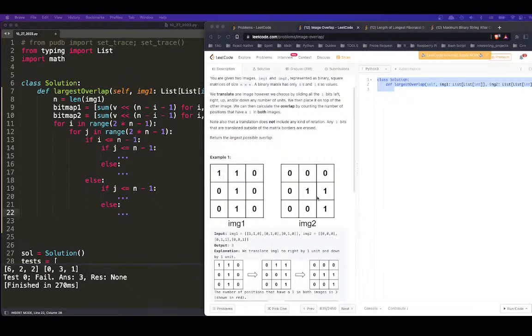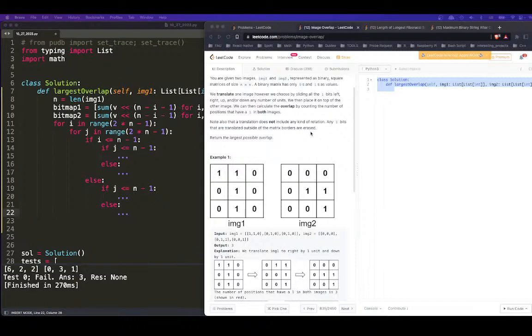Then we have to get, because I want to move image 2 onto image 1. That doesn't matter, we can move image 1 onto image 2. So we'll move image 1 to image 2, and it's like here, right?